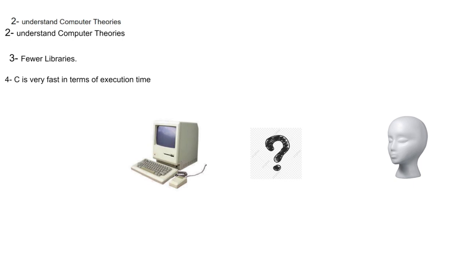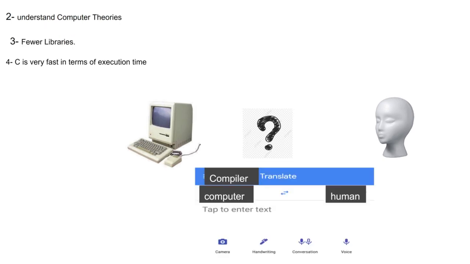So if I want to speak with a computer, I should speak its language or translate my human language to machine language, and the program that does that is the compiler, which takes my code and translates it to machine language to help the computer understand what I want.